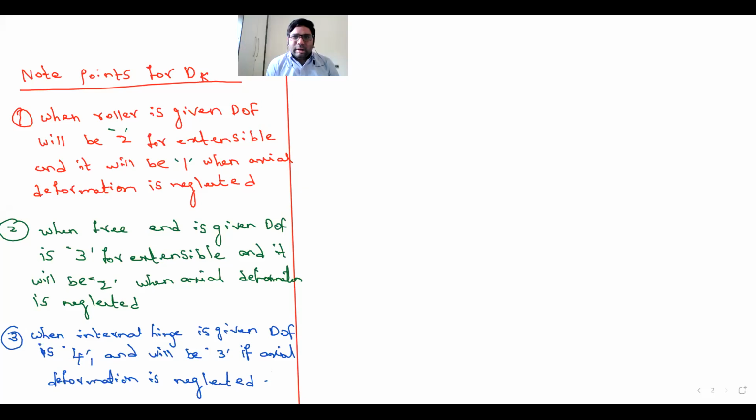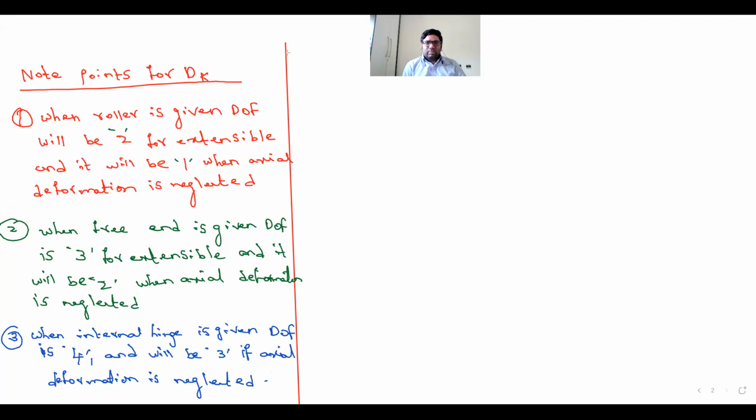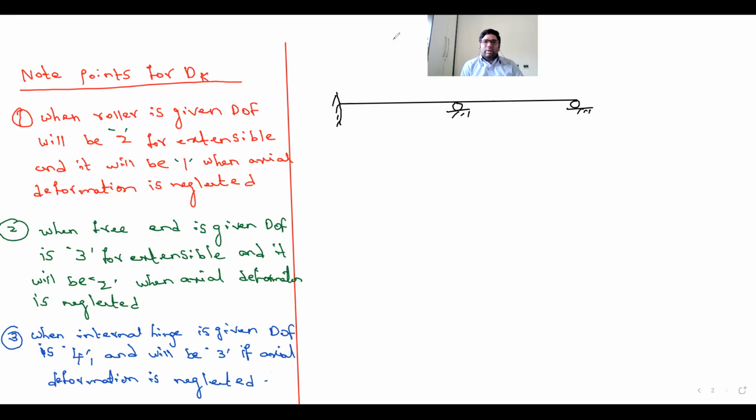And in order to write the degree of static and kinematic indeterminacy, all of you follow one simple methodology. If you are given a beam with some supports, make a habit of writing reactions at the top.